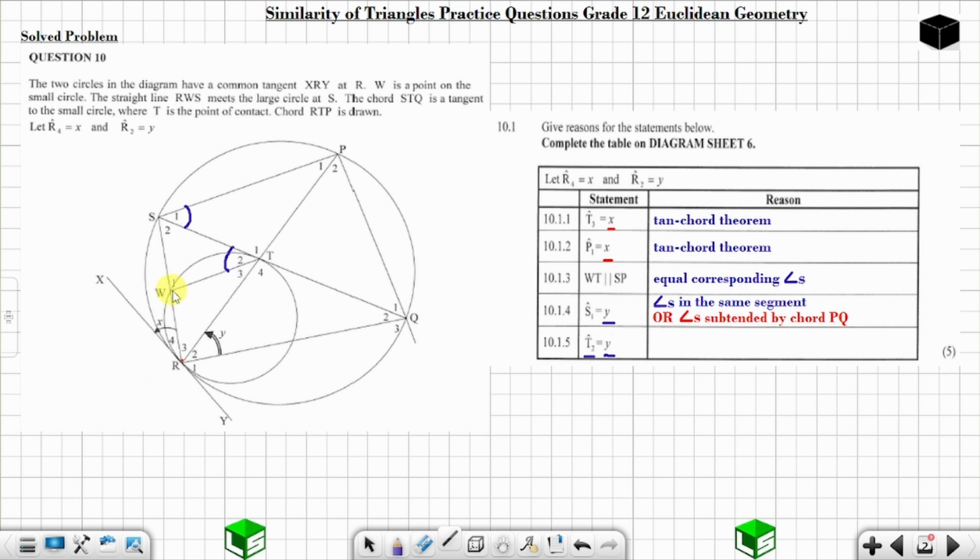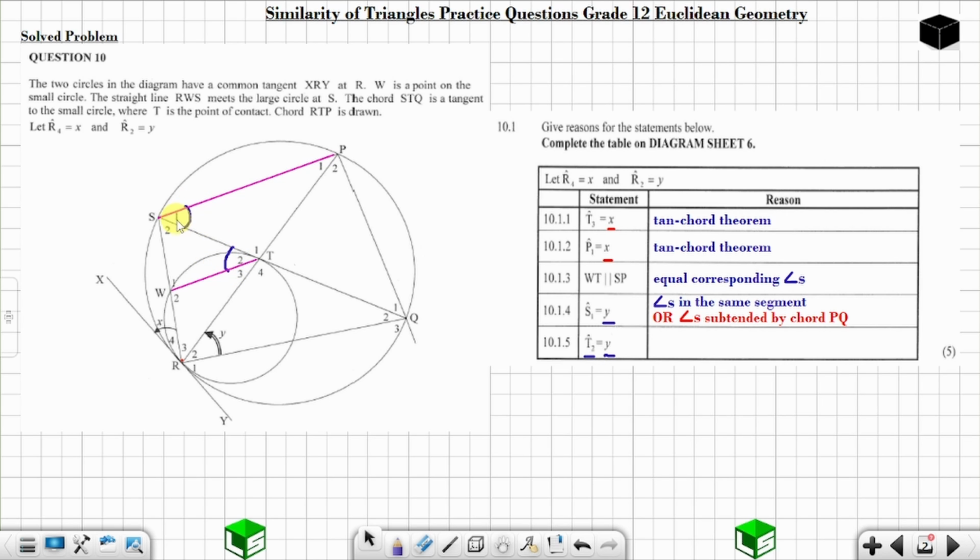The line WT is parallel to the line SP. So you have your alternate angles. You have the N shape or Z shape. Please check lesson 4 of 25. So this angle is equal to this angle.